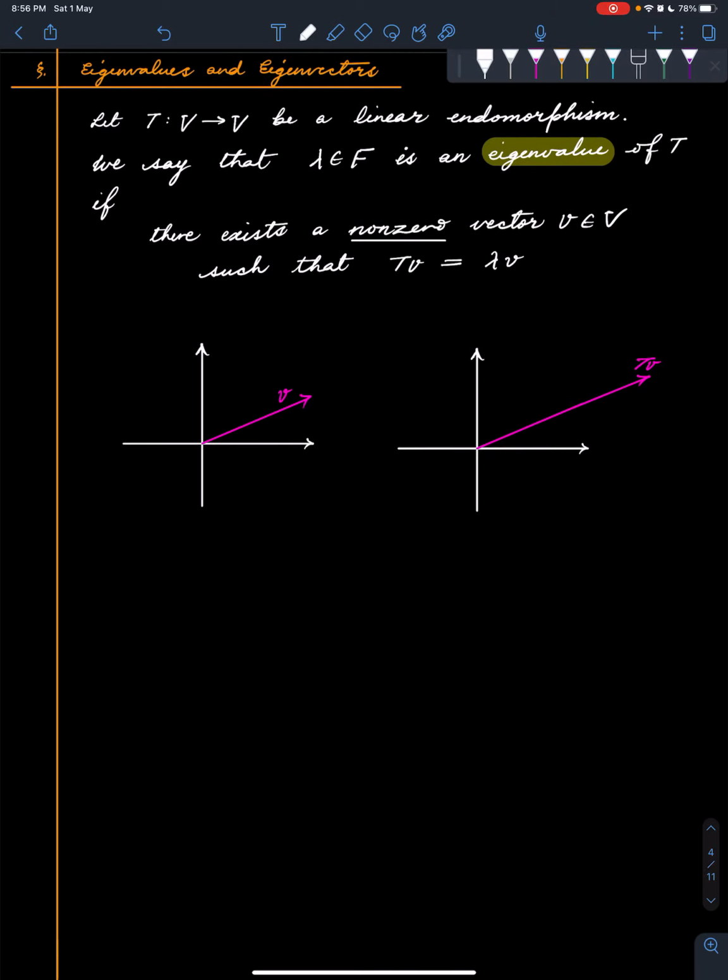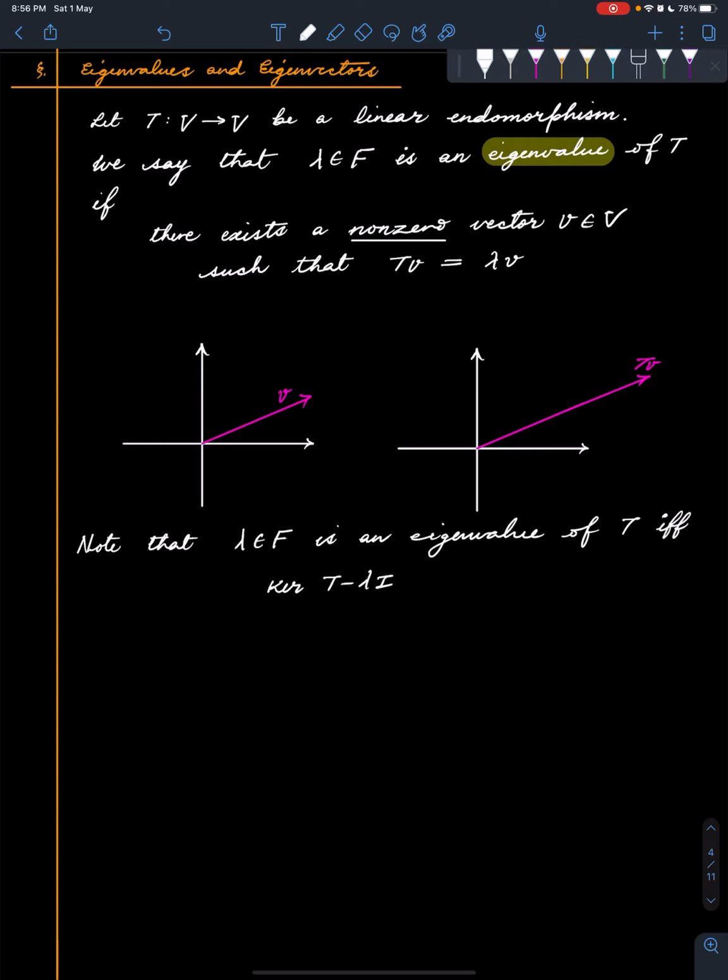Note that lambda in F is an eigenvalue of T if and only if the kernel of this linear operator is not the trivial subspace.